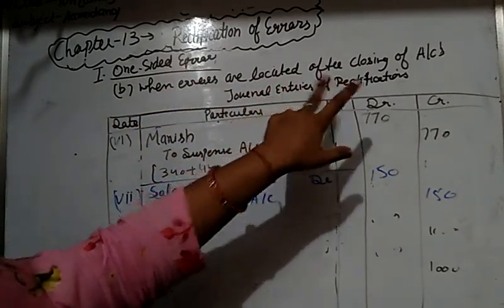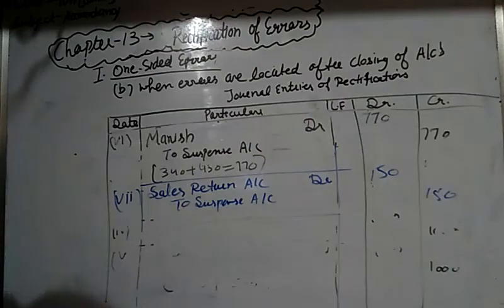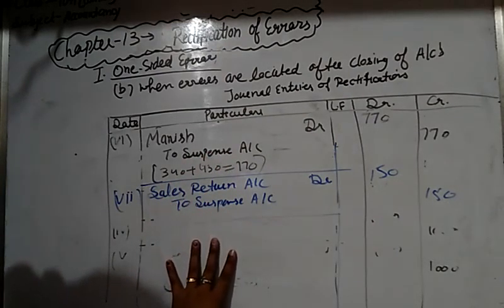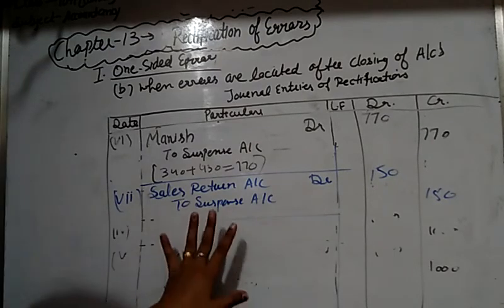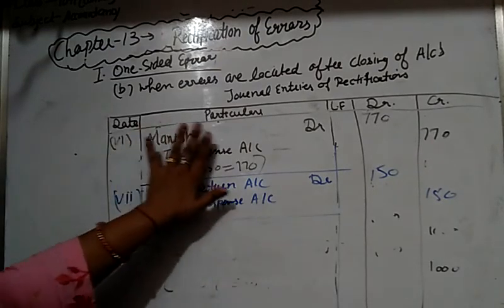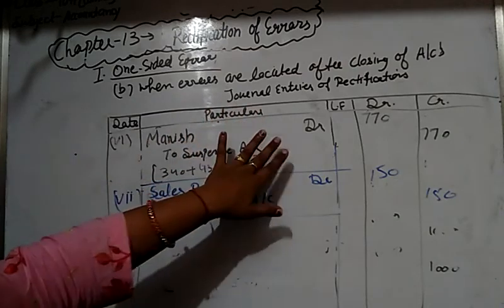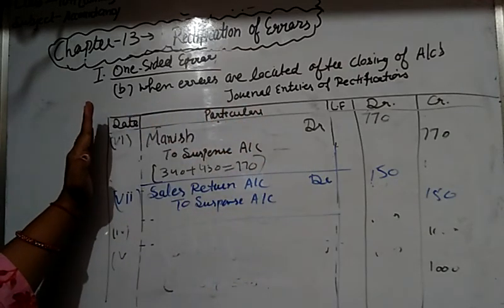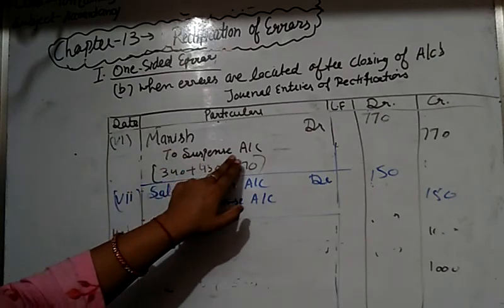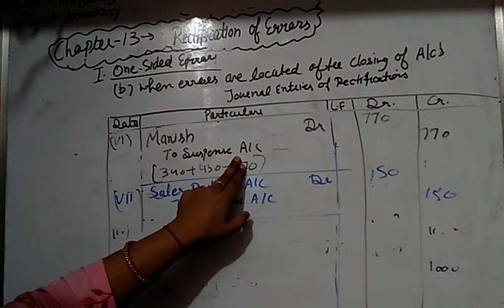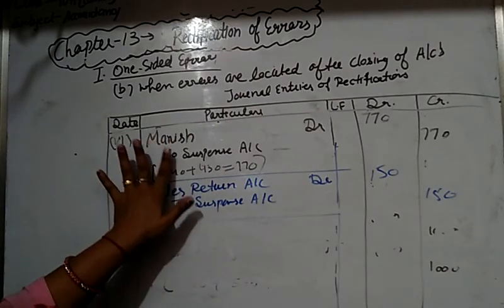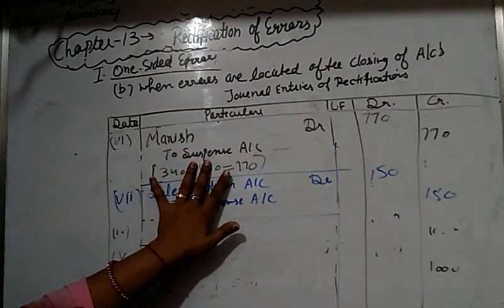located after closing of accounts. So when errors are located after recording of account, journal entries are passed. Journal entries are used to rectify the errors. When journal entries are used to rectify the errors, we are using a suspense account to rectify the entries. If account is wrongly credited, we debit that account and we credit the suspense account against it.